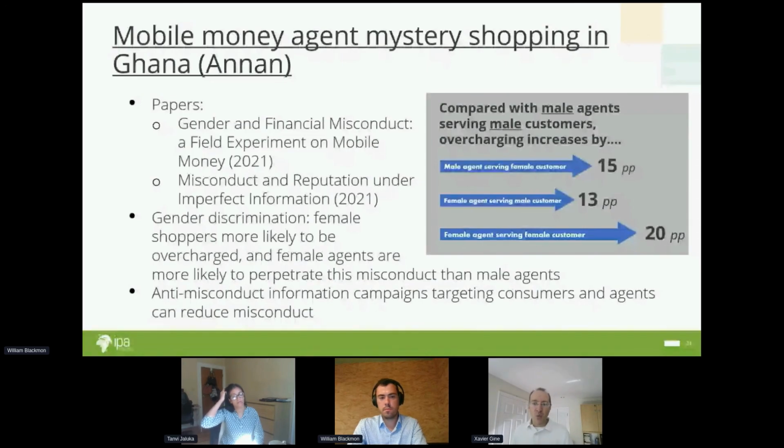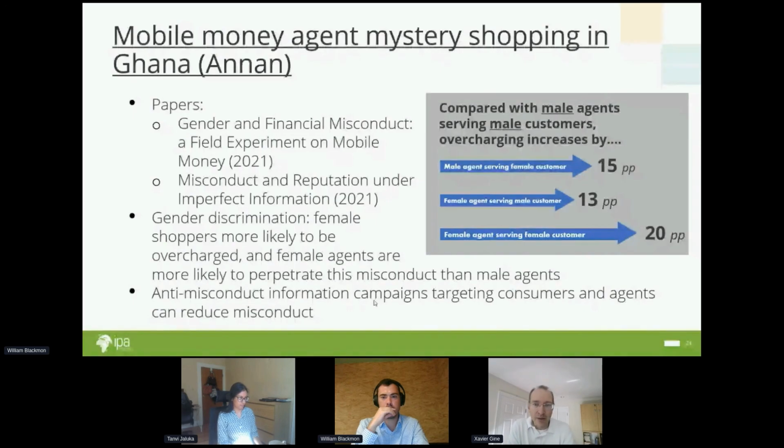So what happens when a male customer faces a female agent or faces a male agent, and vice versa? What happens when a female customer faces a male agent or a female agent? Okay. And actually, what's interesting is that female agents treat female customers the worst.